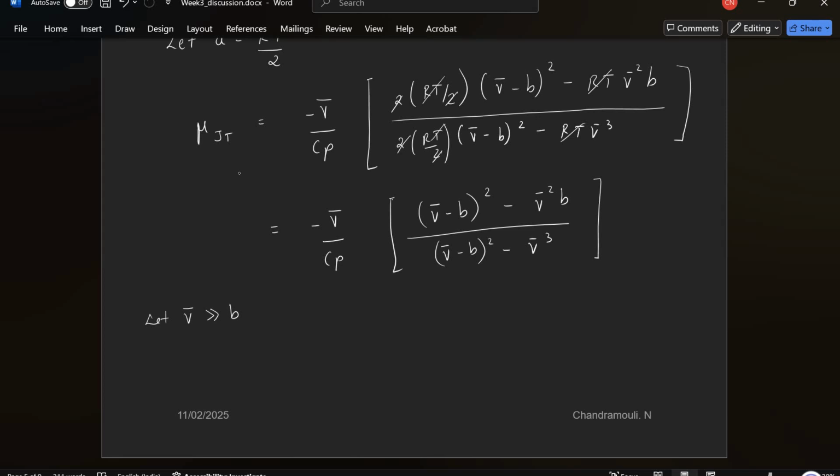Then, in that case, minus V bar by Cp, this term will be, since V bar minus B is approximately equal to V bar, V bar squared minus V bar squared B, again V bar squared minus V bar cubed.